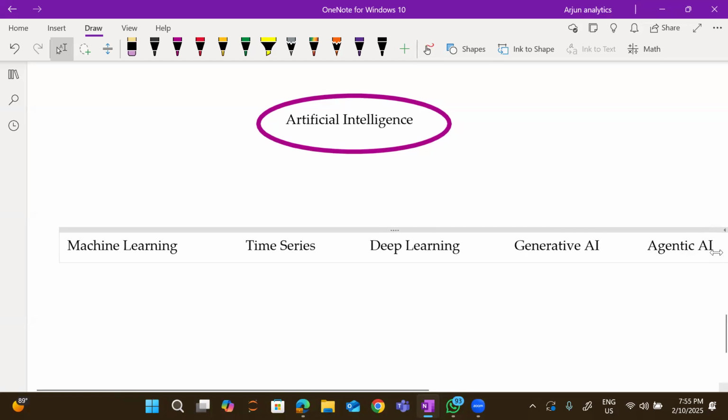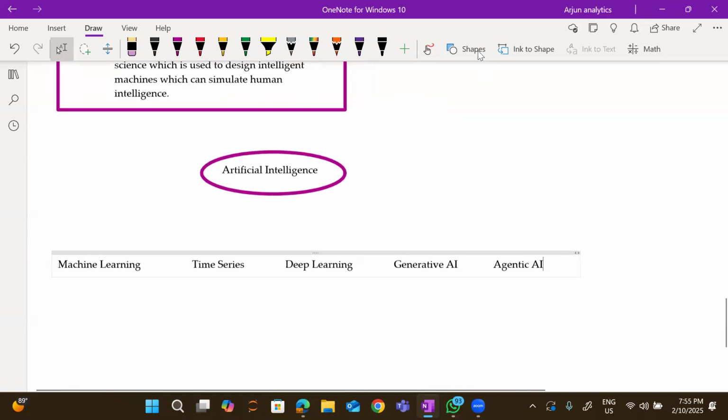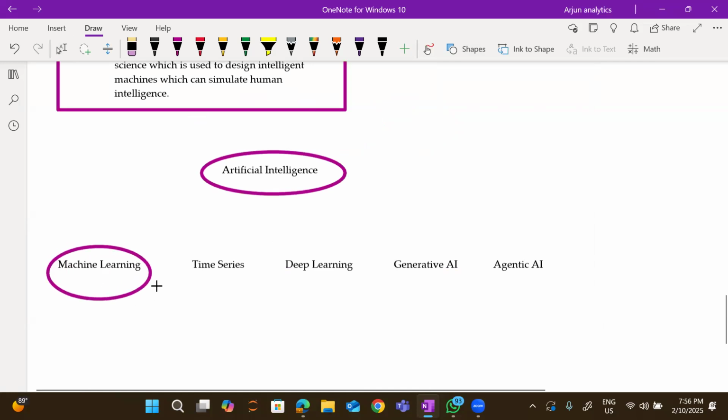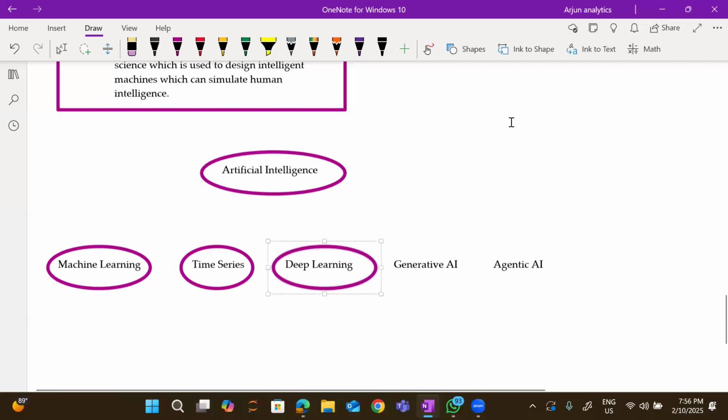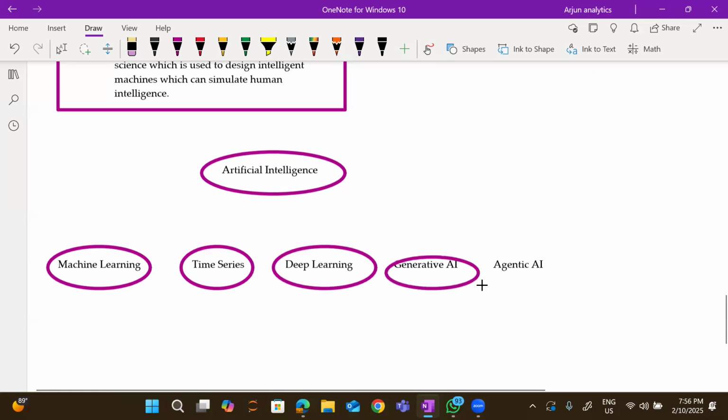So we can say artificial intelligence is implemented with machine learning, and you can implement this with time series, with deep learning, with generative AI, and also with agentic AI.